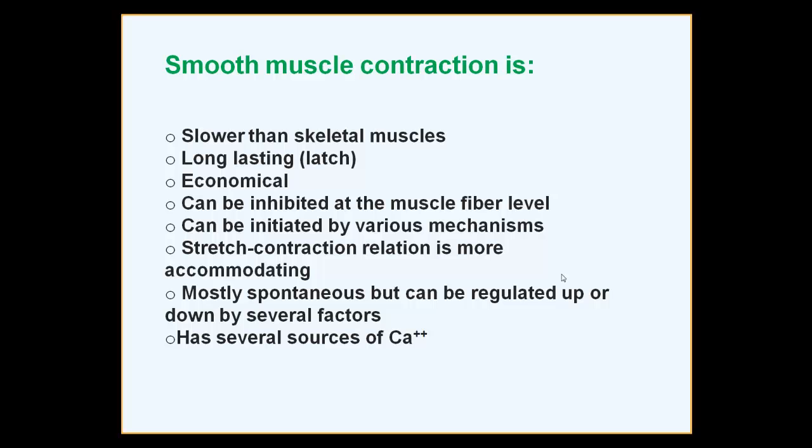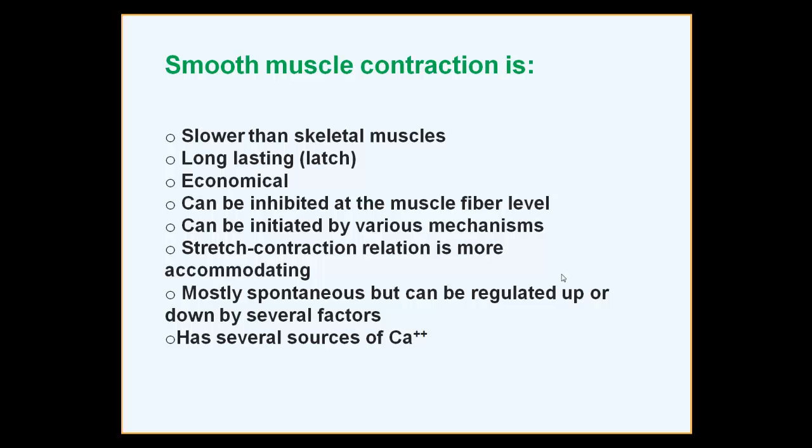Calmodulin has to activate myosin light chain kinase, and the myosin light chain kinase will phosphorylate the myosin light chain proteins, and that will cause the cross bridges. So you can see many steps are occurring between the time calcium came in to the time the cross bridge actually took place.